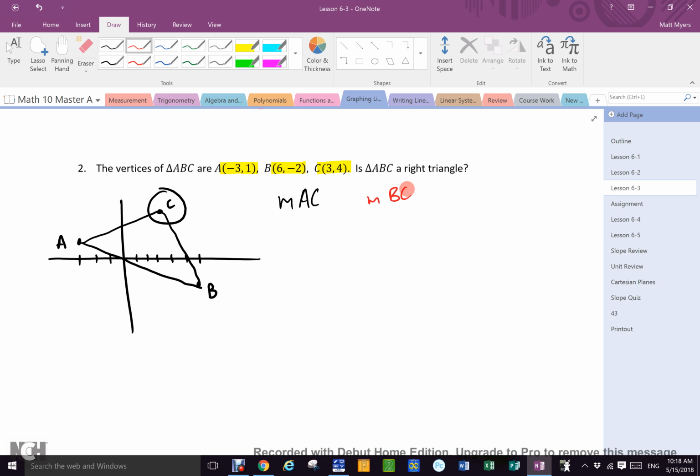What will happen to them? Opposite and reciprocal. Does it matter which one of these I check first? No. But I check them both, and if I find them to be opposite reciprocals, that's a 90-degree triangle. Everybody with me? Great, go.